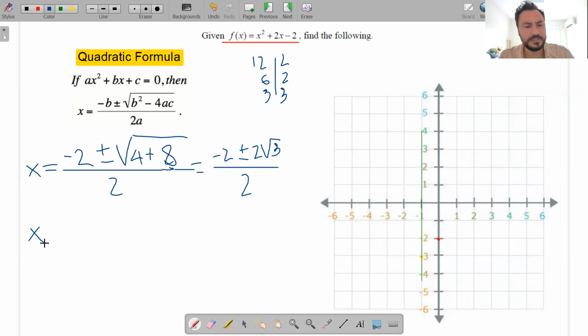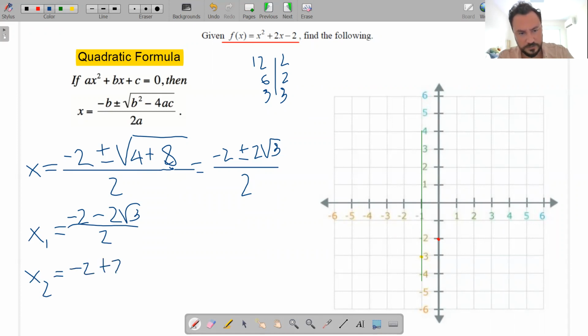So what are my x's? x1 will be -2 plus 2 square root of 3 over 2, and x2 is going to be -2 minus 2 square root of 3 over 2.